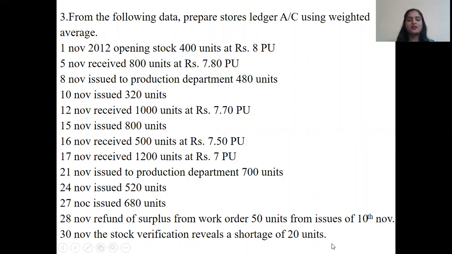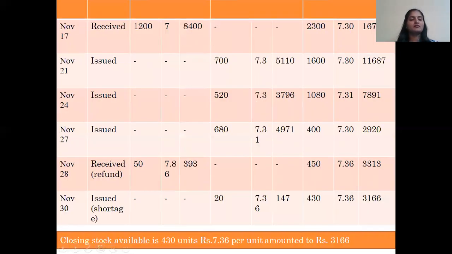Now, see here. On November 28th, received a refund. Refund of surplus. How many units did we have? 50 units. Earlier, whatever price they gave, we used to multiply and take the balance here.